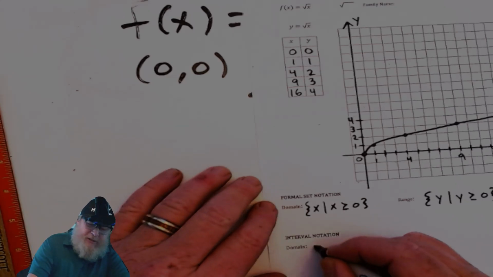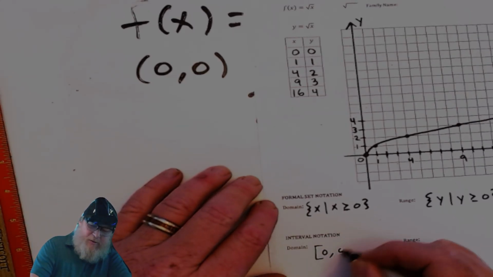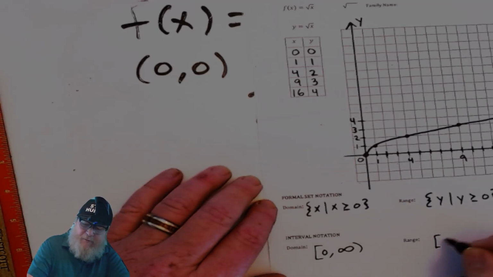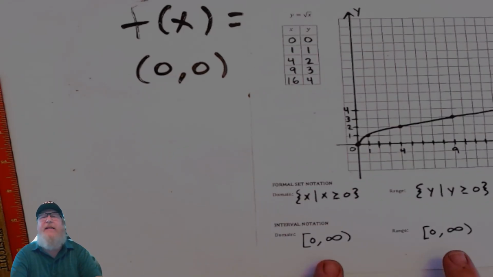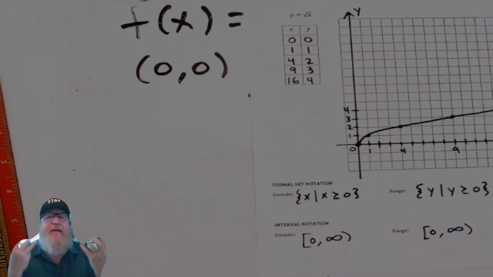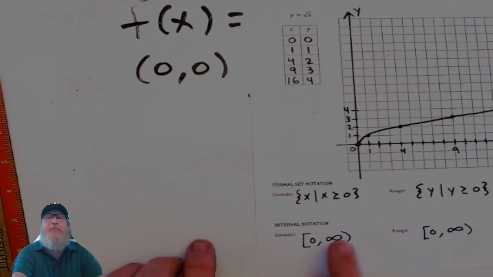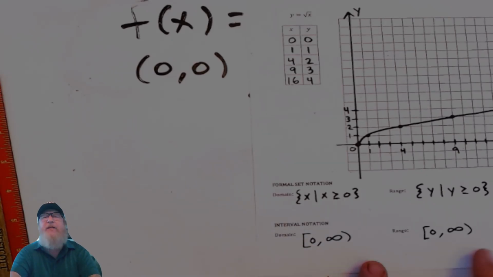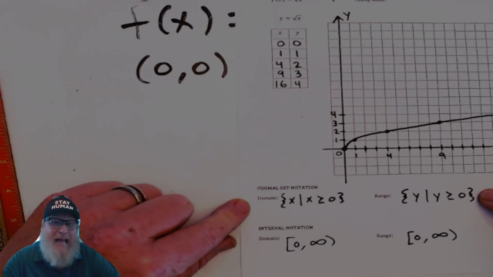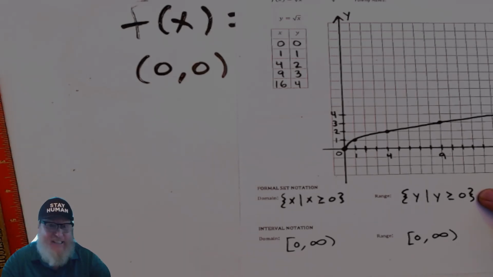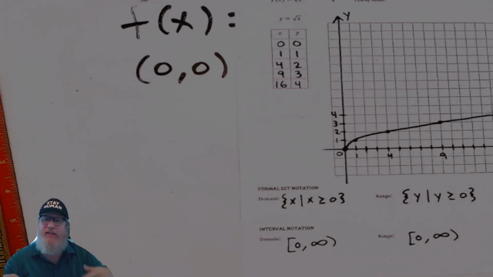The interval notation is square bracket, 0, infinity, and the same for the range. Notice with interval notation, you don't indicate the letter x or y. X and y are implied by the name domain and range. So if I say domain, it's implied that this means x. And range, it's implied that this means y. In the formal set notation, nothing is implied, right? It's formal. You have to clearly state everything. You have to state what the variable is, state the inequality that it satisfies.